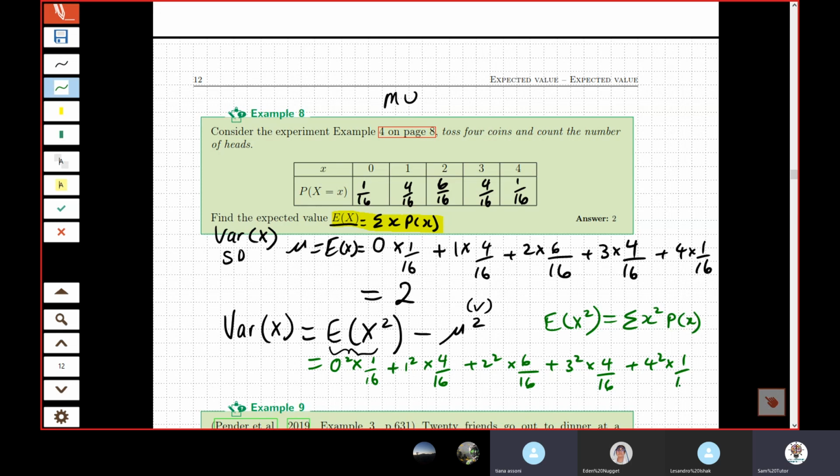Can't you just square 2, Sam? Can't you just square 2? No, it's a good question. Imagine this as a plus b for a second. What we're doing is a squared plus b squared.